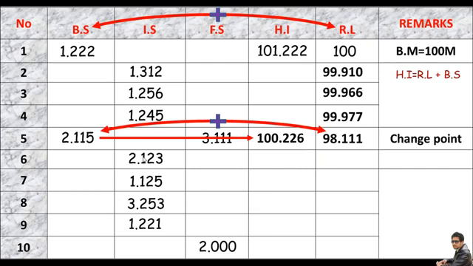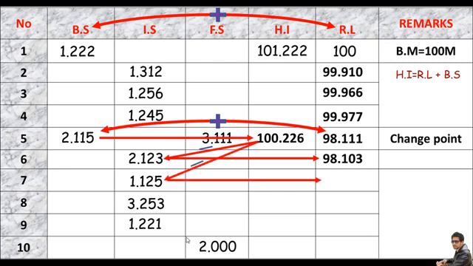To calculate the RL of point 6, we subtract the reading of point 6 from the HI. You must get 98.103. To calculate the RL of point 7, we subtract the reading of point 7 from the HI, and you get 99.101, and so on.